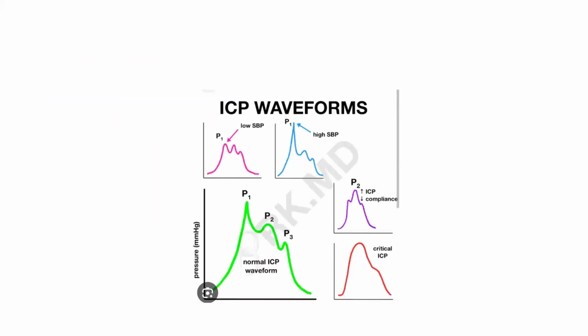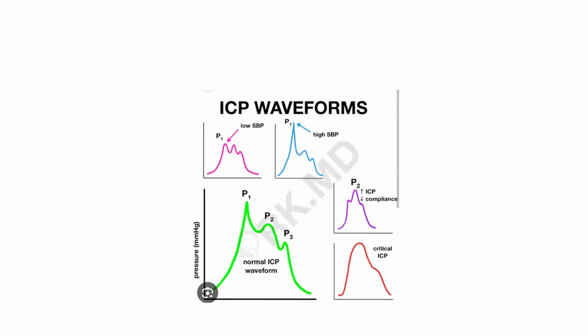Now these are the ICP waveforms. The ICP waveform represented in the green shade is the normal ICP waveform, characterized by P1, P2, P3. The ICP waveform represented by the pink shade is caused by low systolic blood pressure, in which P1 is of low amplitude.